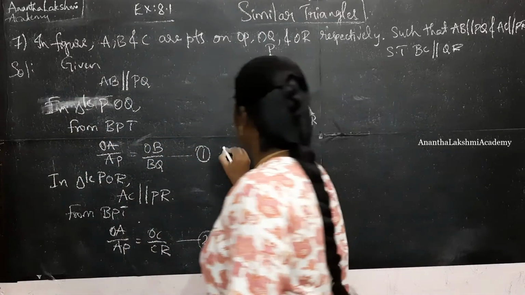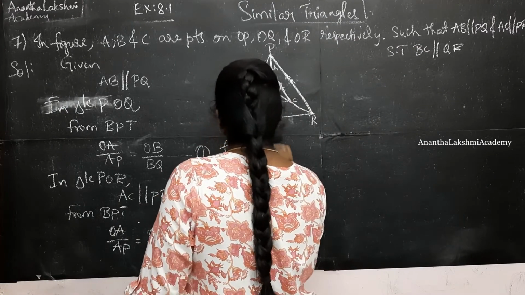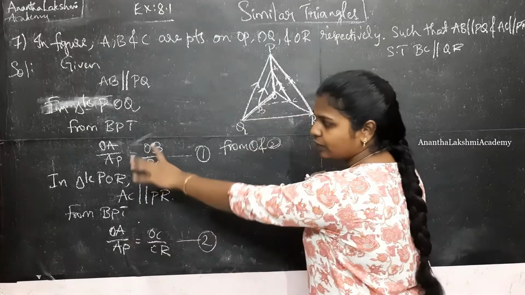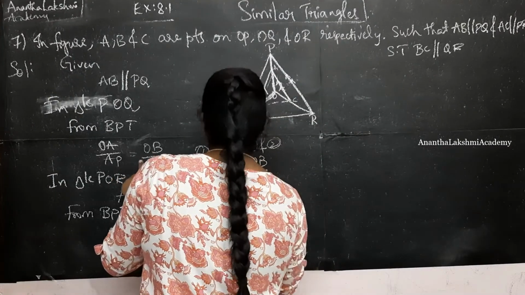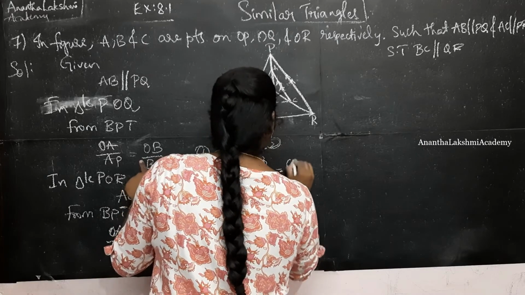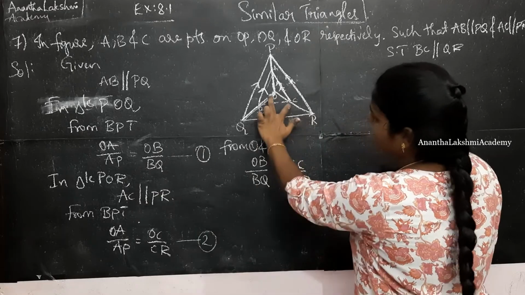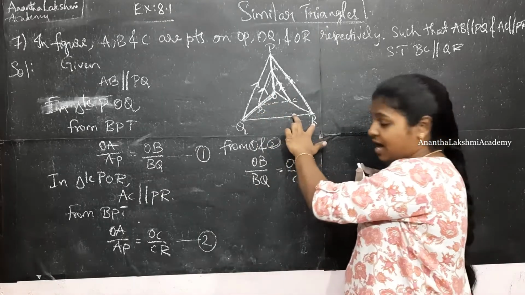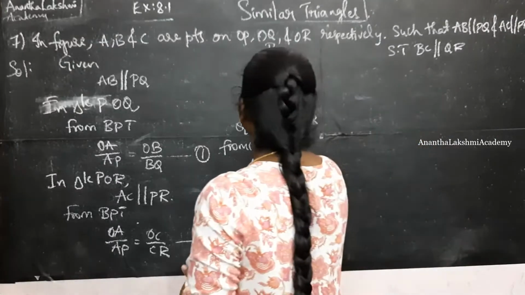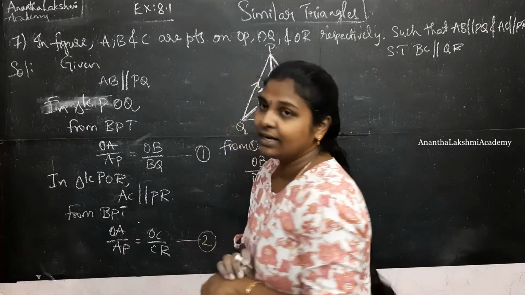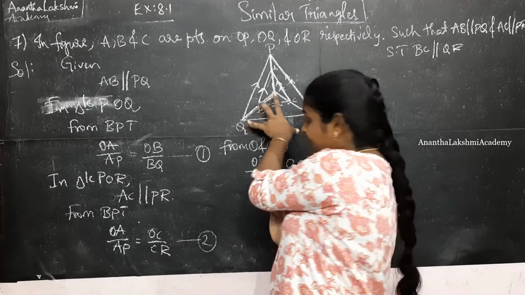Alright, from 1 and 2, the LHS is equal, so I am going to equate the RHS. OB by BQ is equal to OC by CR. Now that the ratios are given, can I say that BC is a line parallel to QR from the converse of basic proportionality theorem?